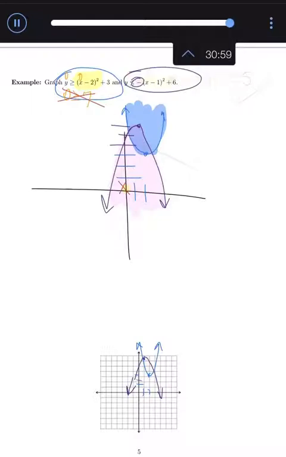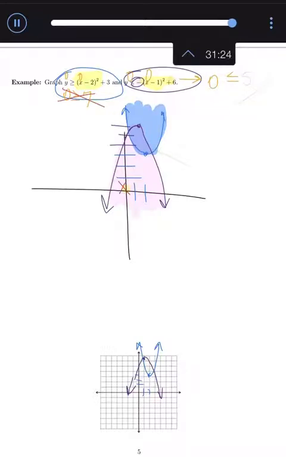So let's plug in 0 for x and 0 for y and see what happens. Notice we'll end up with 0 is less than or equal to, and on this first part, we're going to have 0 minus 1, which is negative 1 squared. Well, negative 1 squared will give you 1.